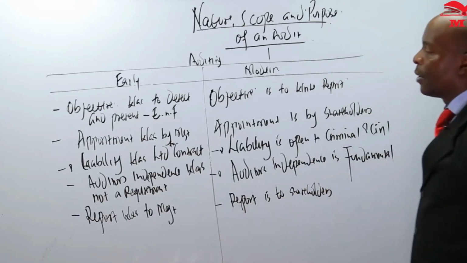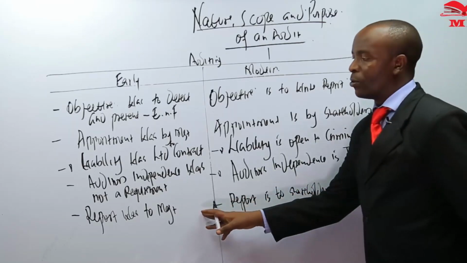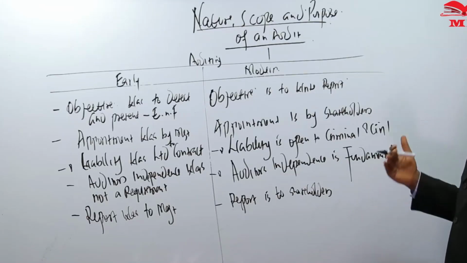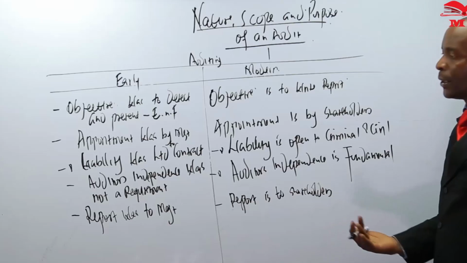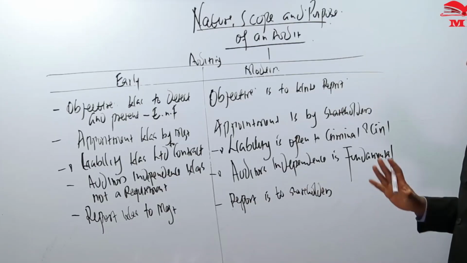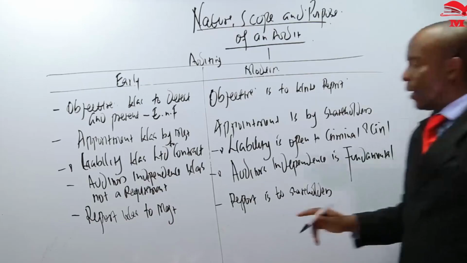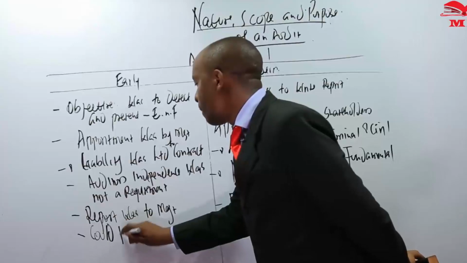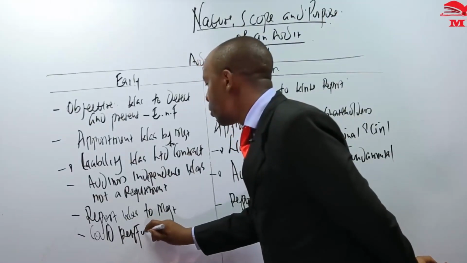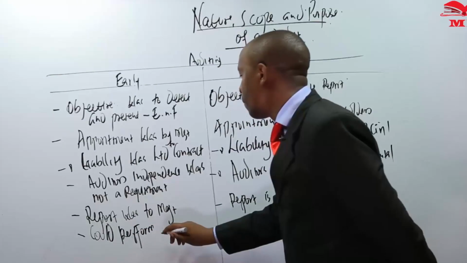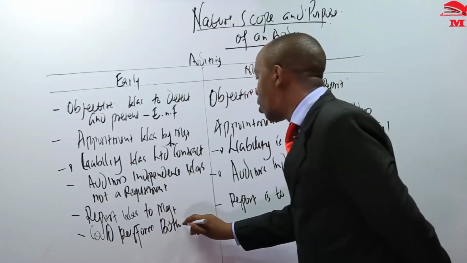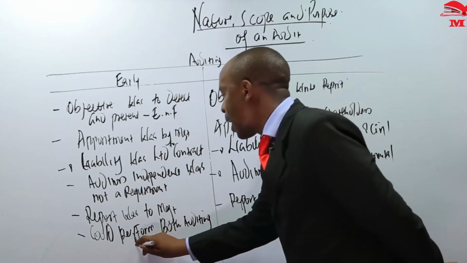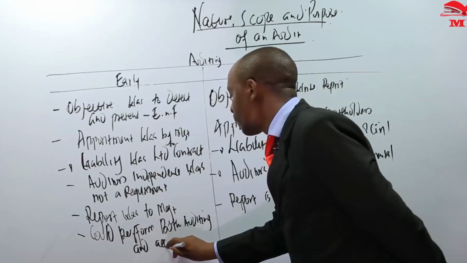Earlier on, we had also said that the auditor could perform both auditing and accounting. Here, the auditor does pure audit. You cannot combine. In modern auditing, either you are doing auditing or you are doing accounting in different engagements, but you cannot combine them as one.